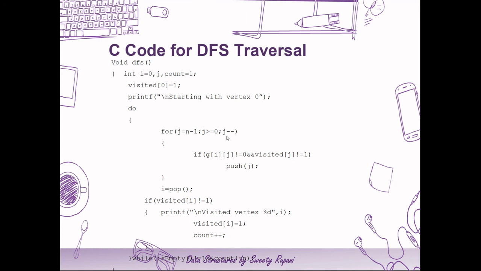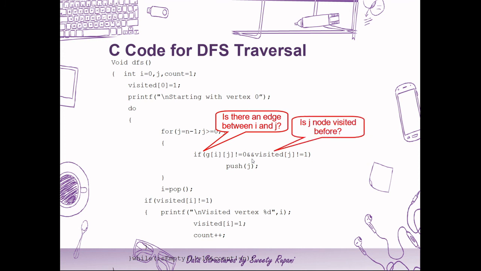The way we pushed it, E, then D, then B. For that purpose, we have to take this for loop in reverse order. This is the condition, the same condition to check if there is any edge between i and j, and the second condition to check if that node has already been visited. If visited, we don't need to visit it again. We don't need to push it onto a stack.